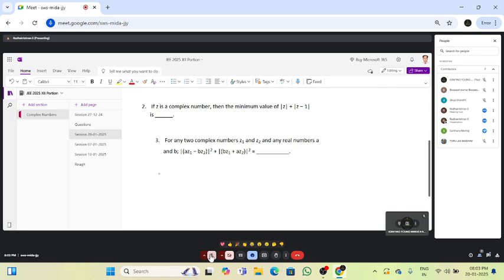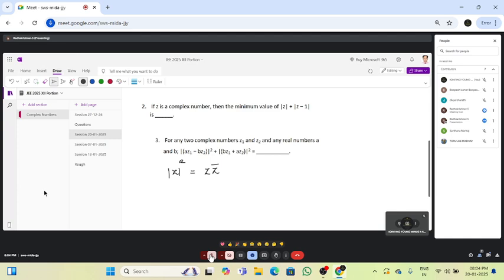A Z1 minus B Z2 mod whole square is equal to A Z1 minus B Z2 into A Z1 minus B Z1 bar, sir. Conjugate. Correct, conjugate. So the concept here is Z mod square is equal to Z into Z conjugate.